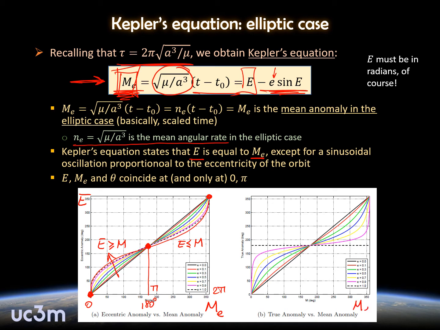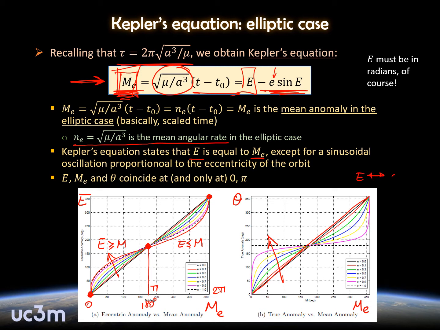Here we have plotted M and over here the true anomaly theta. You see that it follows a similar shape, although the differences are more marked. As eccentricity increases, you have this oscillation with respect to the black line over here, which is no longer a sinusoidal term. It is something slightly more complicated, of course, because you have to account for the relation between E and theta.